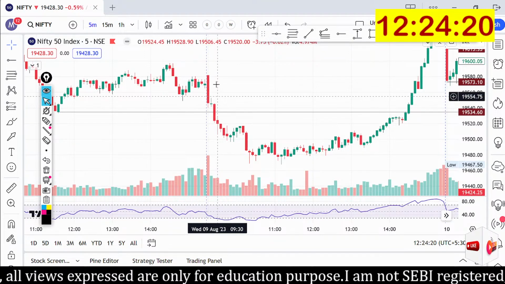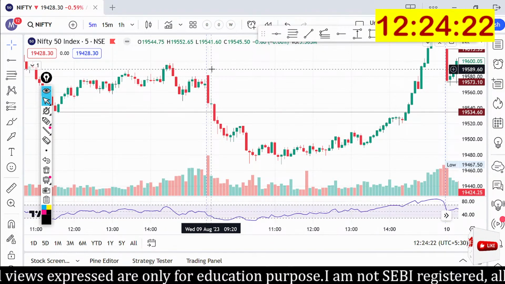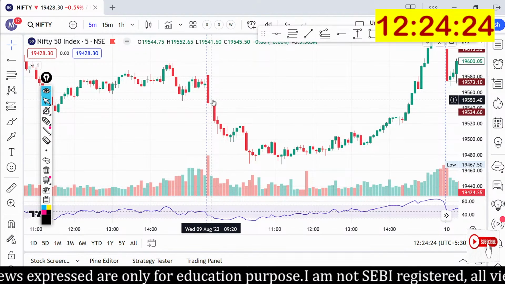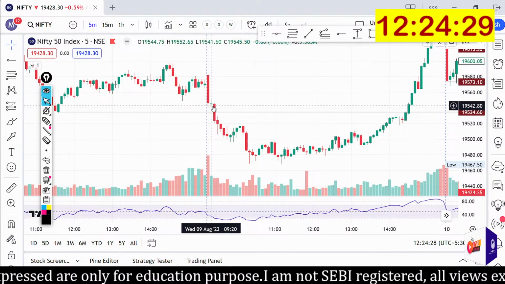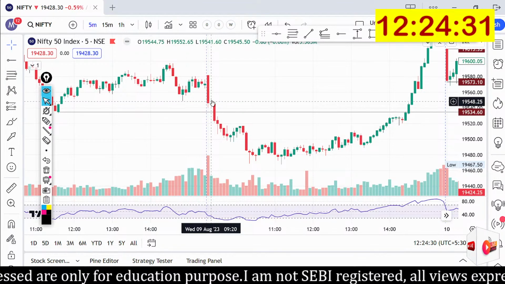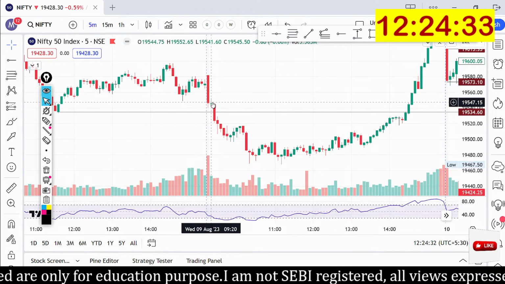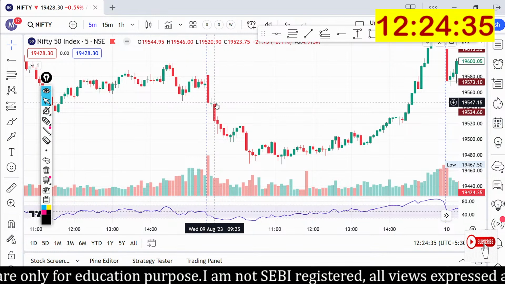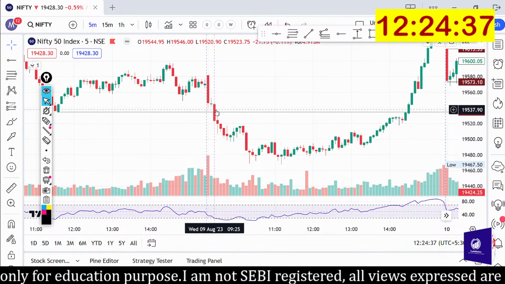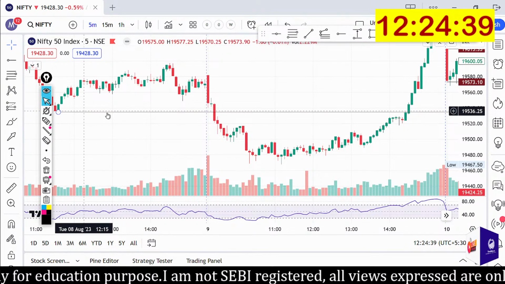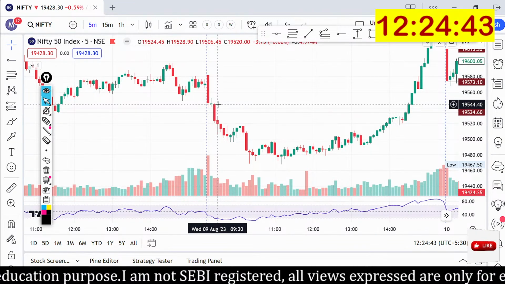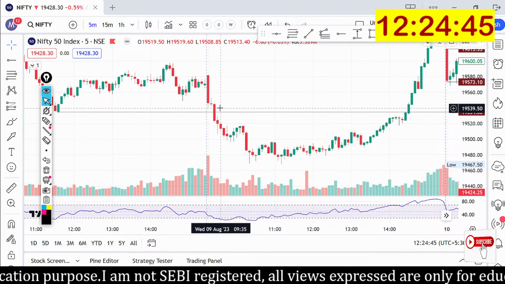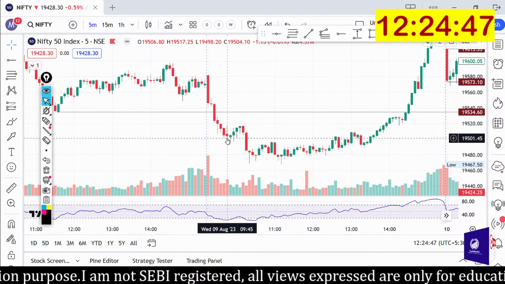Sellers try to control in this area. Buyers again are not able to control here. There were no buyers actually, they were not able to push it up. The second and third candle break yesterday's low as well. So what happened after that strong sell off?